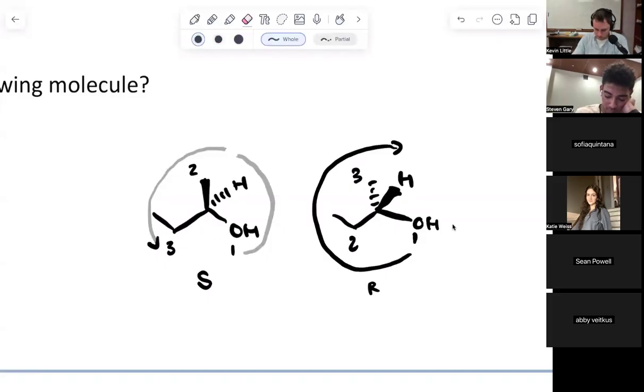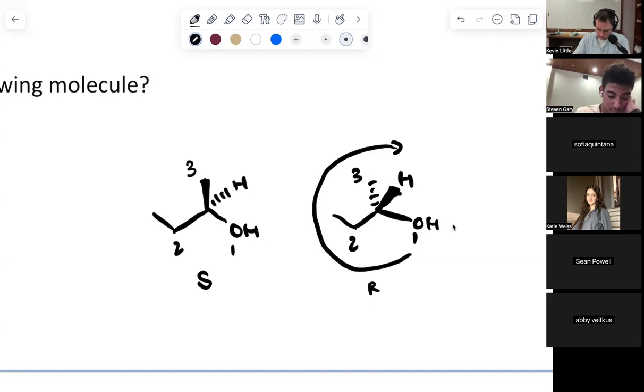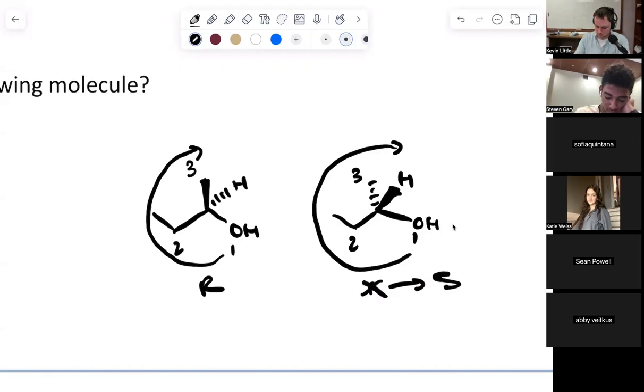Sorry, I did this wrong. Fixed. So if it's a wedge, it can be flipped to a dash.